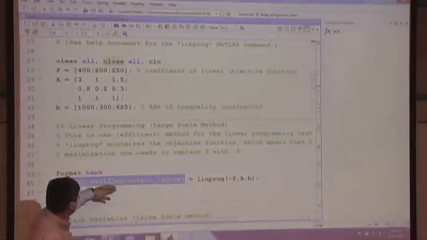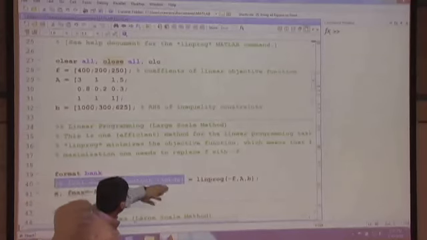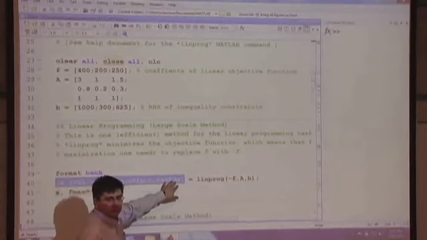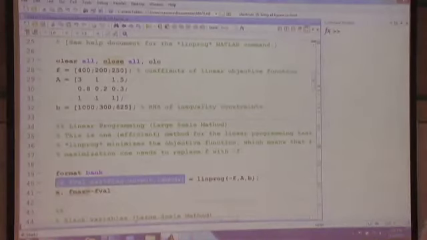This doesn't matter too much. It's just going to say that it's successful. Optimization was successful. And there are two more things. The one that we're going to be interested in is this lambda. It will be some sort of shadow prices.